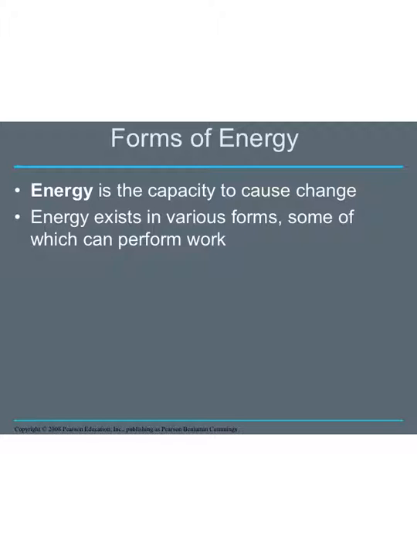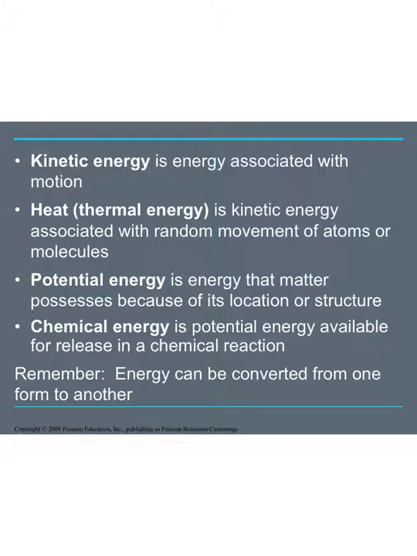All right, so let's talk about the different forms of energy. We have kinetic energy, which is associated with motion. Anytime you're moving or something else is moving, there's kinetic energy being released. Heat energy, or thermal energy, is associated with random movements of atoms or molecules.